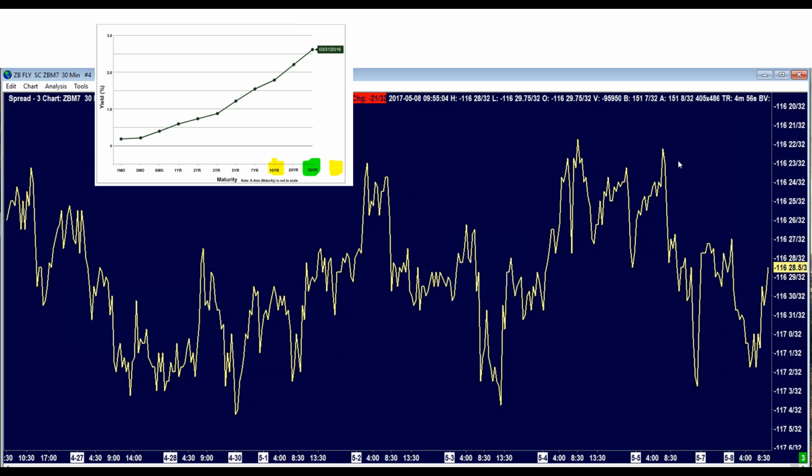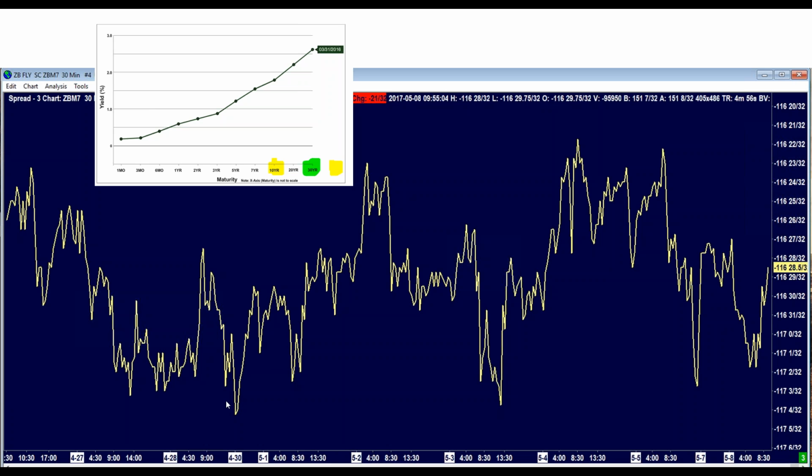Okay? So for those who are just trading outright, for those who are just trading ZB or ZN, what I teach and what I recommend is, if you're looking to sell bonds because you think interest rates are going higher and you see the ZB butterfly is down here or down here or down here, you don't want to sell the ZB.